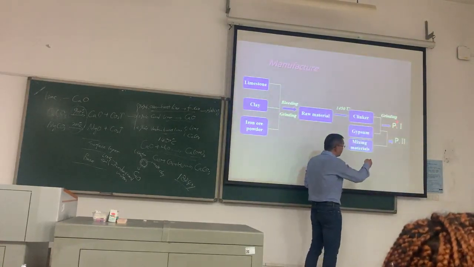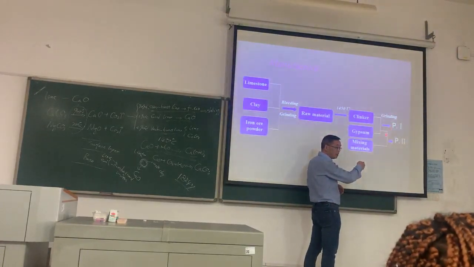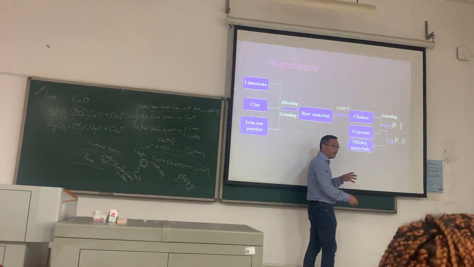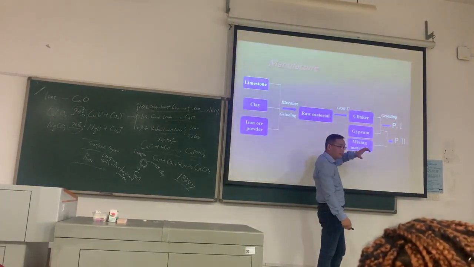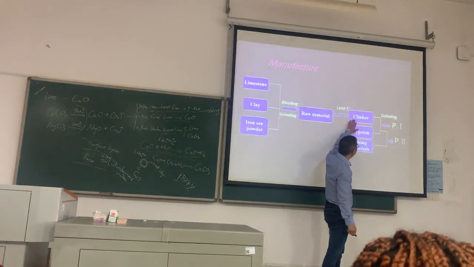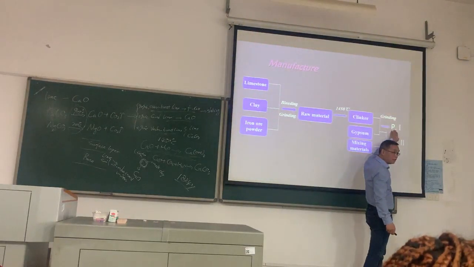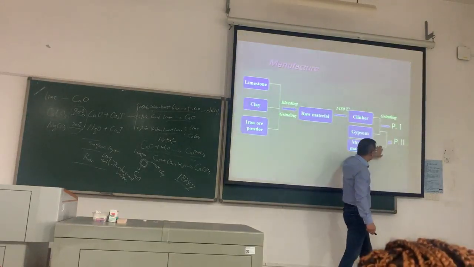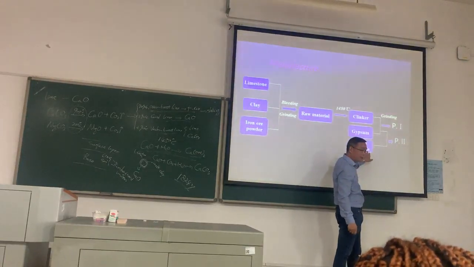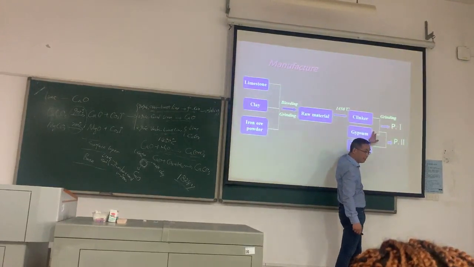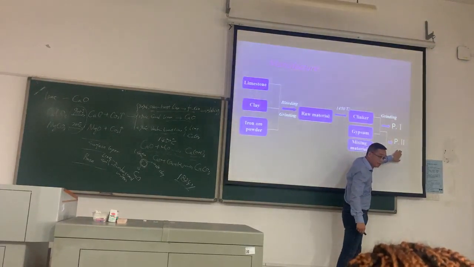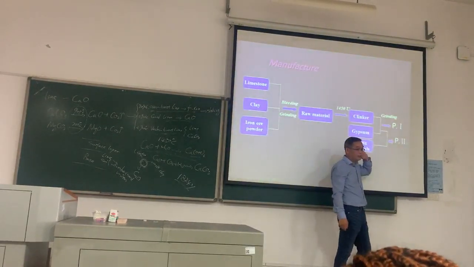We can get the Portland cement. If the cement just consists of the clinker and gypsum, we can get this kind of Portland cement. And if we add some mixing materials into it, we can get the same kind of Portland cement.